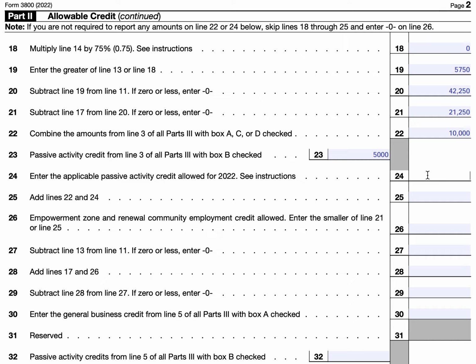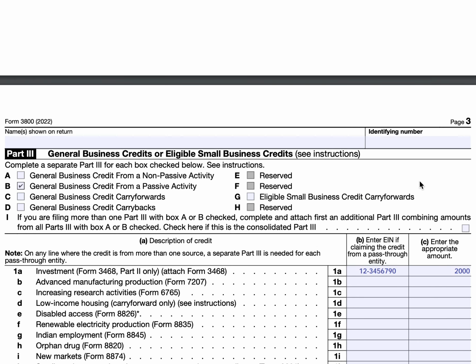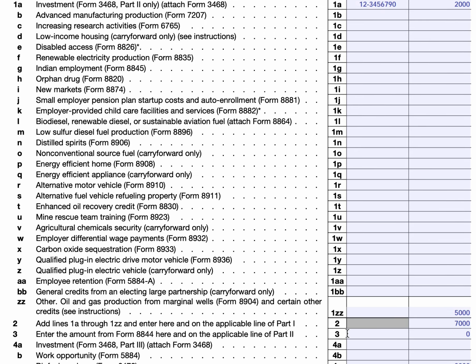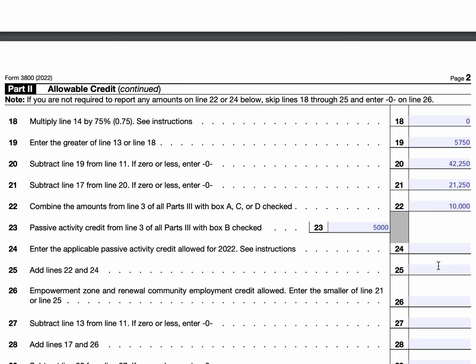Again, this only applies to certain credits that were reported on line 3, the empowerment zone and renewal community employment credit. This is what we discussed down here. So this is the amount that we would then carry up to this applicable line here. So we'll say that that's 0.